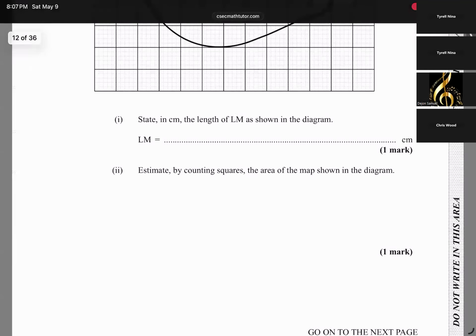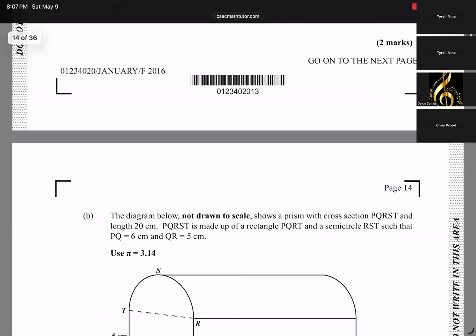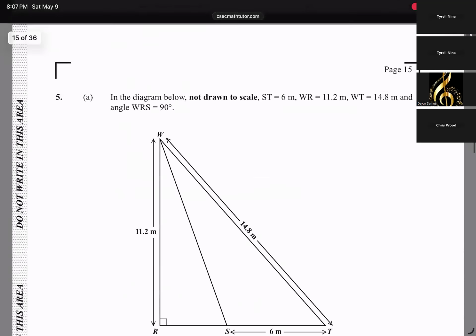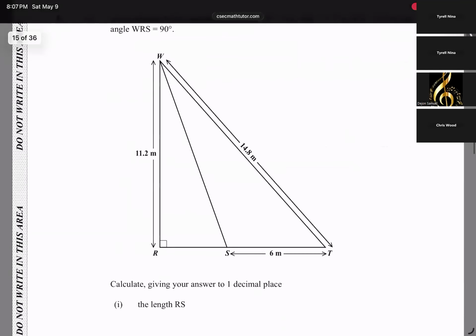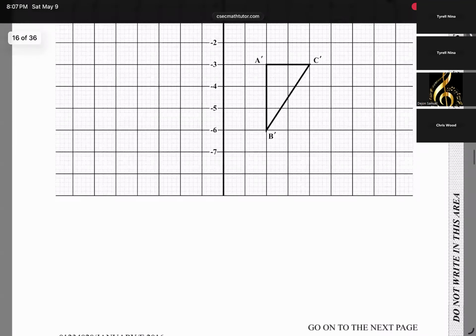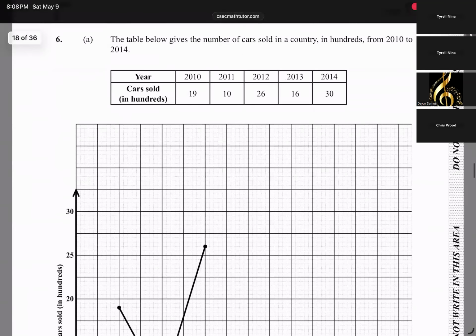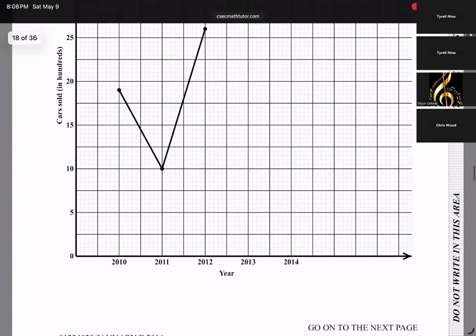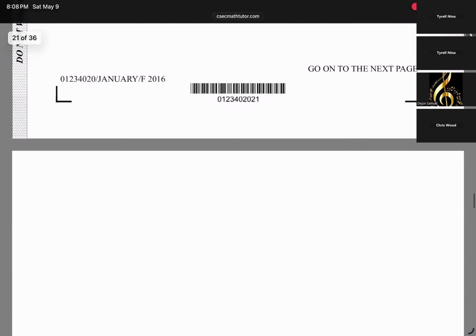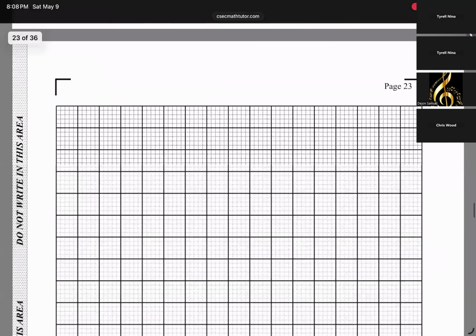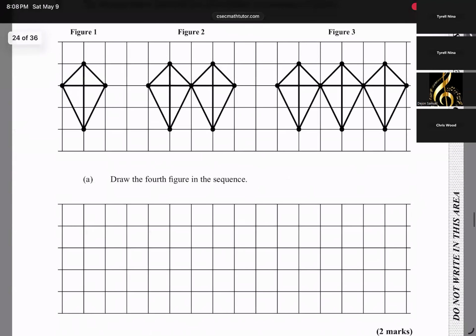Map, area and volume, sine rule, cosine rule, transformations, right? Frequency polygon, and then graphs. We have our graphs here. Pattern identifying. This is one topic for sure that almost always comes, right?